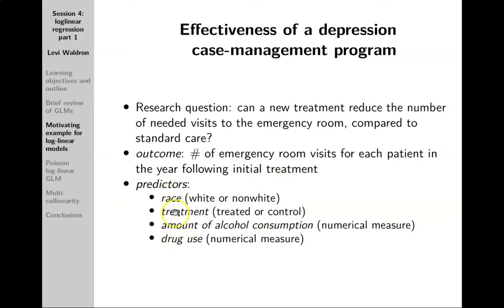Actually, there are more in the data set, but these are the ones that we look at in the examples in the book. They are race, white or non-white, treatment, treated or control being standard of care, the amount of alcohol consumption, which is a numerical measure, and drug use, which is a numerical measure. So we're interested in predicting this outcome, which is a count that cannot be less than 0.